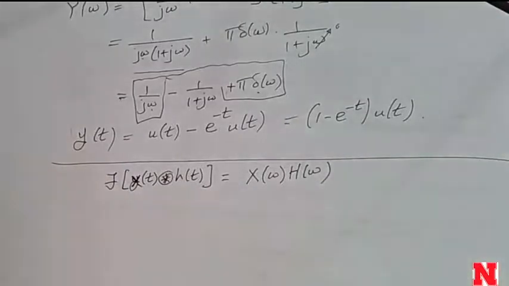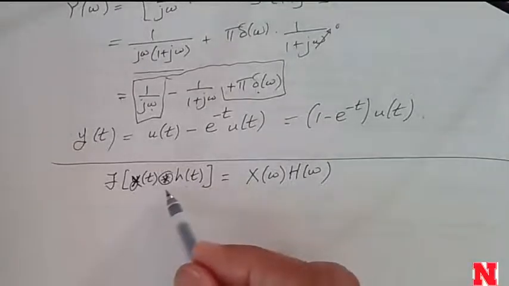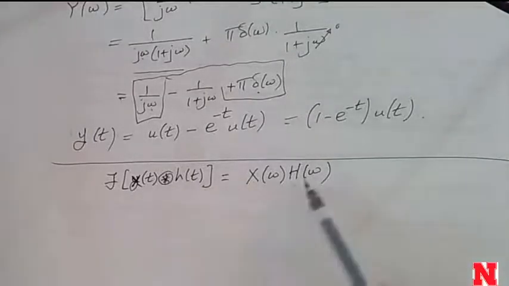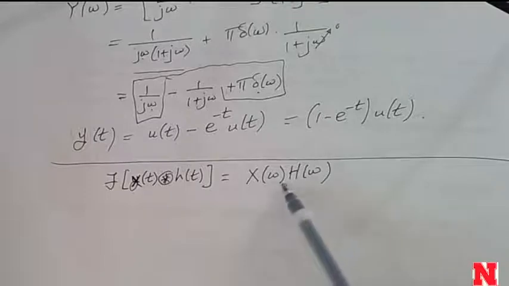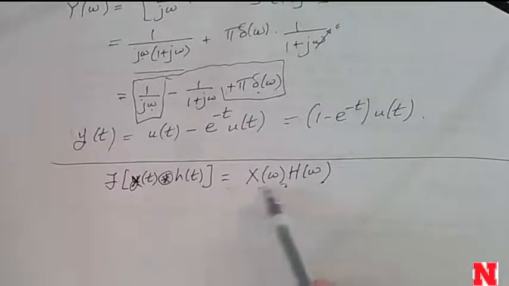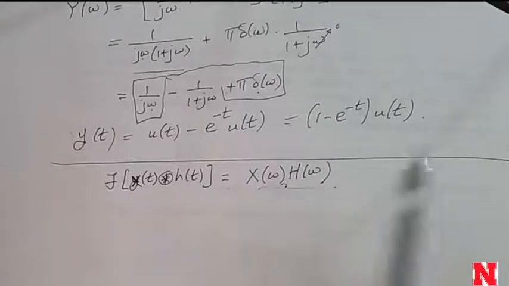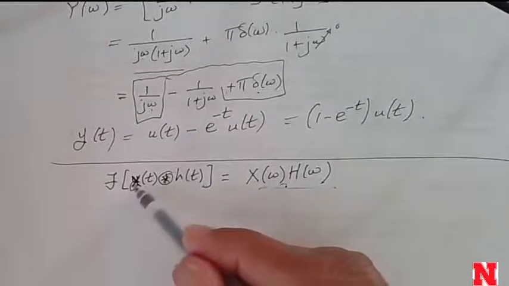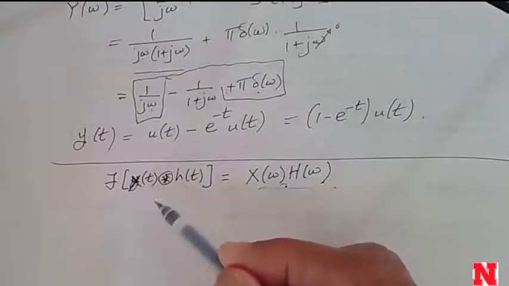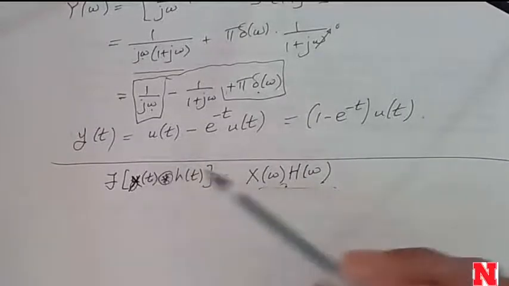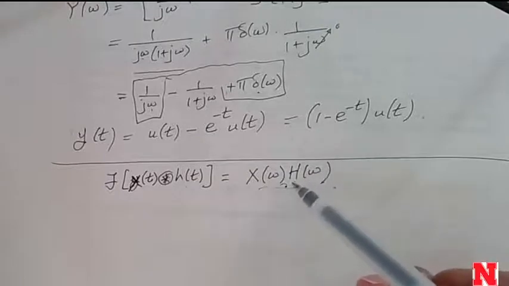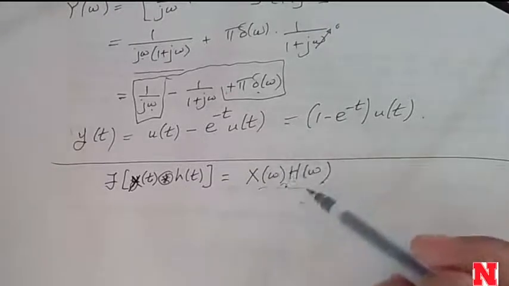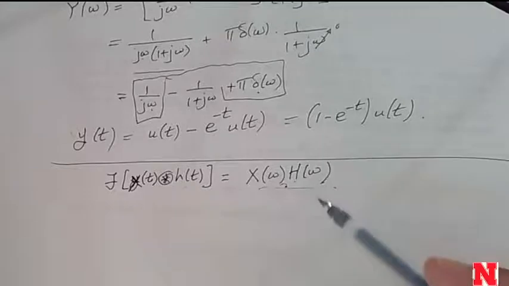So if I have a convolution in the time domain, I can replace that with a multiplication in the Fourier domain, and that'll make life really, really simple for us. We talked a little bit about filters. I want you to at least know about them. I don't know that we'll do a whole lot with them right now, but you should at least know what they are and why you can't have that really nice ideal case.